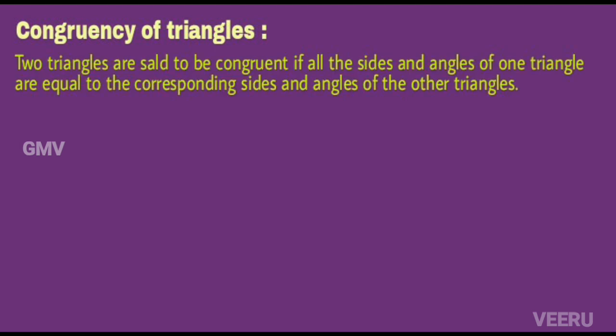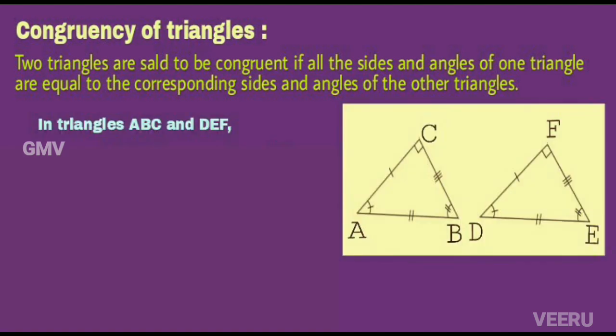Now, let us understand congruency of triangles. Two triangles are said to be congruent if all the sides and angles of one triangle are equal to the corresponding sides and angles of the other triangle. See the figures. In triangles ABC and DEF, AB is equal to DE, AC is equal to DF, and BC is equal to EF.